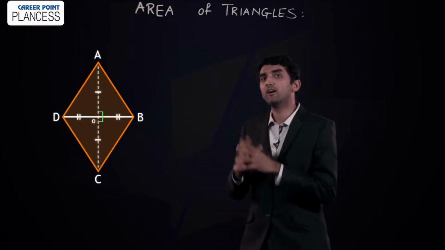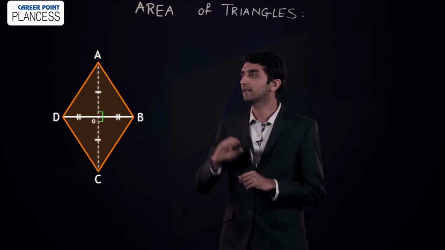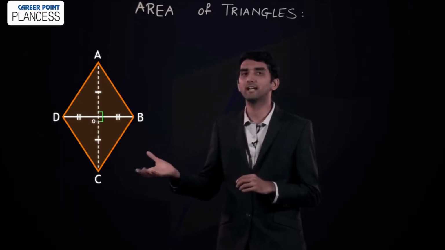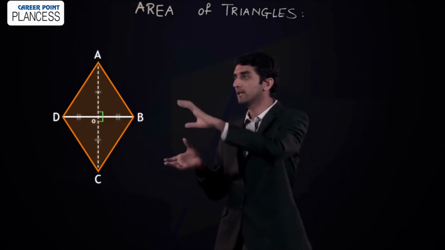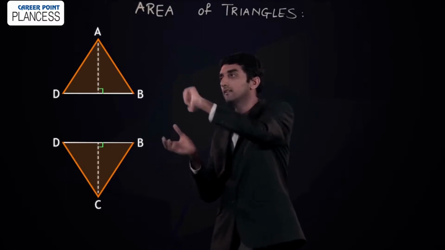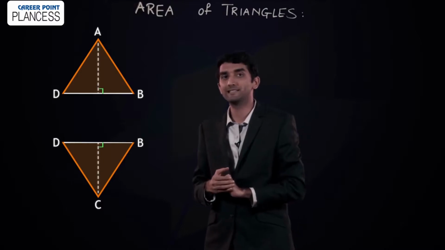So the area of this rhombus ABCD is nothing but the area of triangle ABD plus the area of triangle BCD. As you can see, this rhombus is separated into two parts: the upper triangle ABD and the lower triangle BCD.